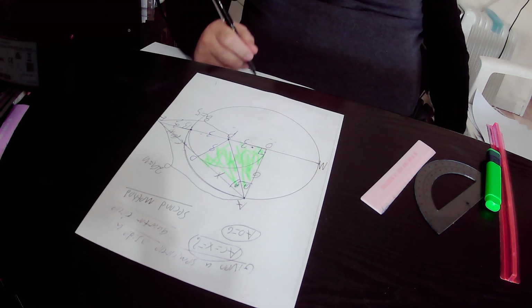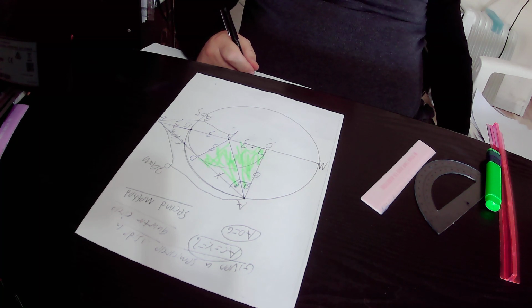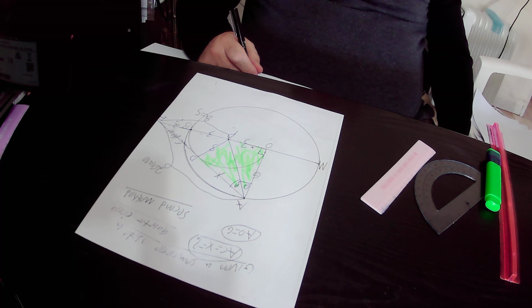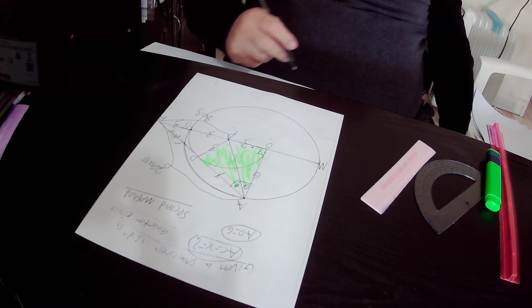So what is the length of line segment MO? Line segment MO starts from point O, the center of the circle and also the center of the quarter circle, and ends at point M, a point on the circle itself.